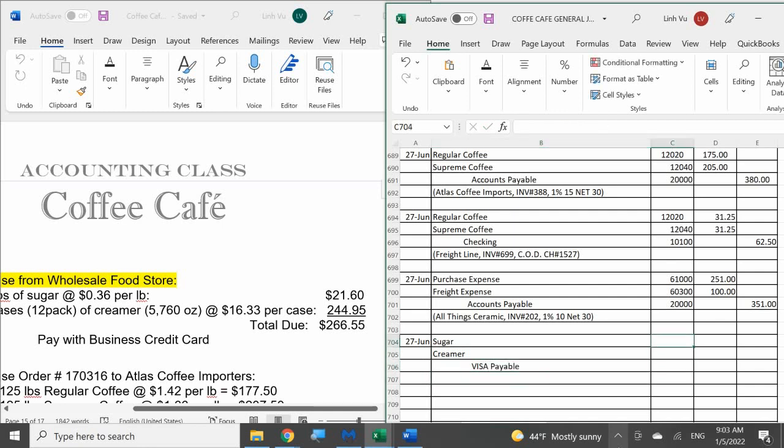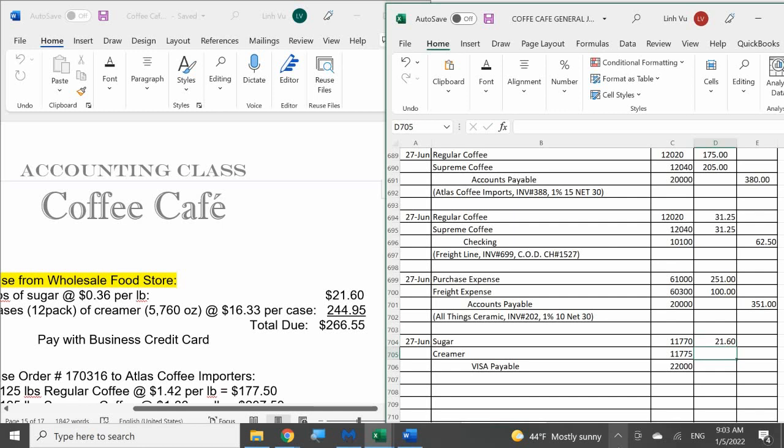Okay, so that should be $11,770 and $11,775 and 11,000. Oh no, 22,000. Excuse me. So how much sugar did I buy? $21.60.